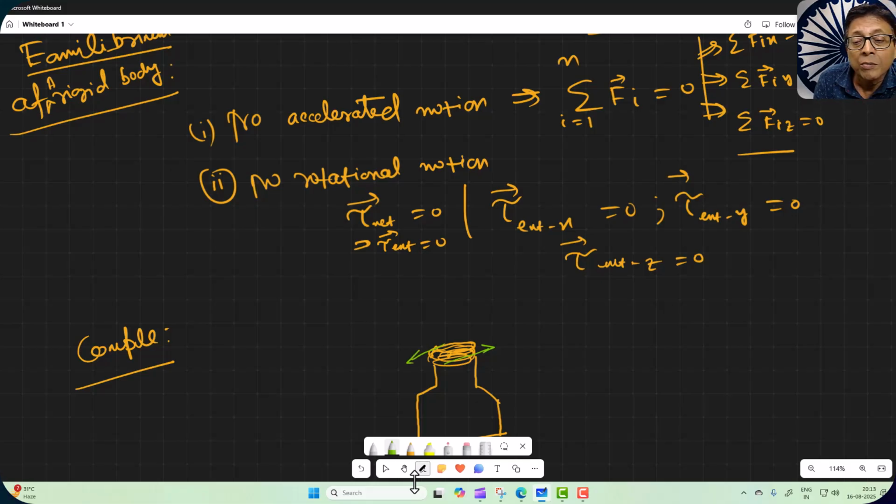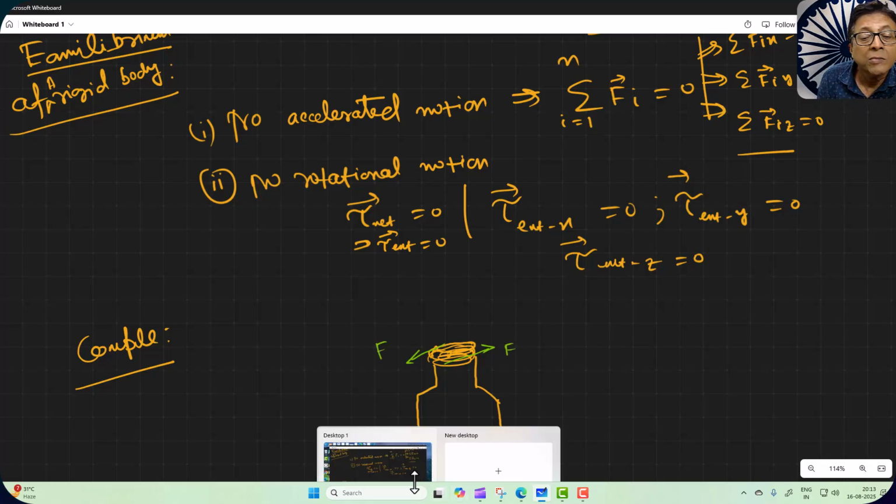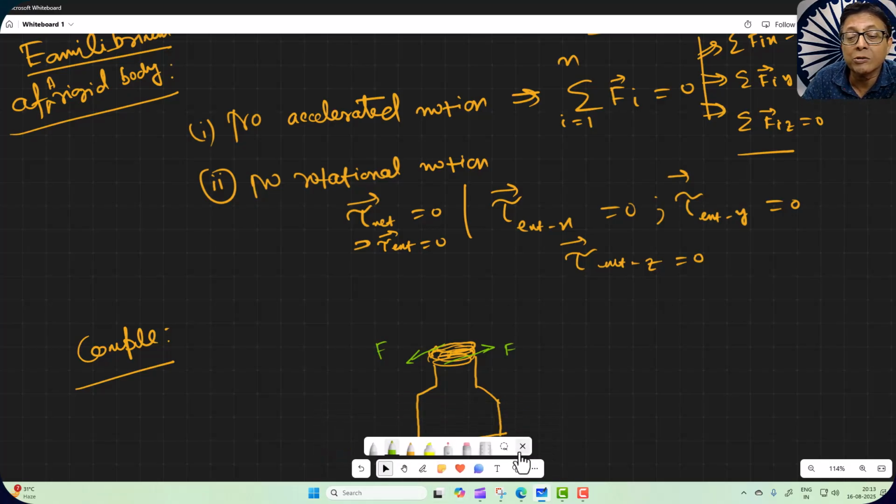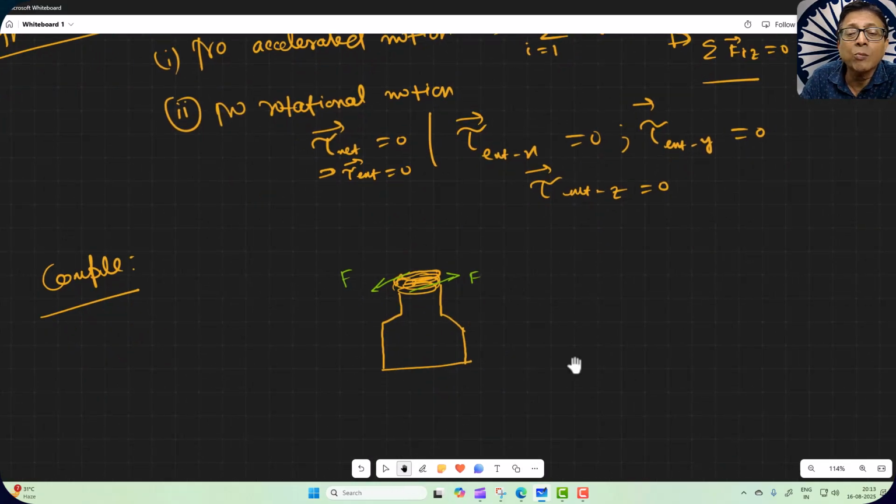If you are applying here, and here, these two equal and opposite forces, you will say, why equal? If you don't apply equal and opposite, then what will happen? If you don't apply equal and opposite, then it will have accelerated motion. So we need couple.